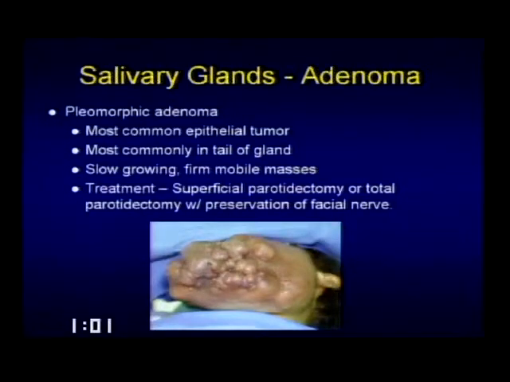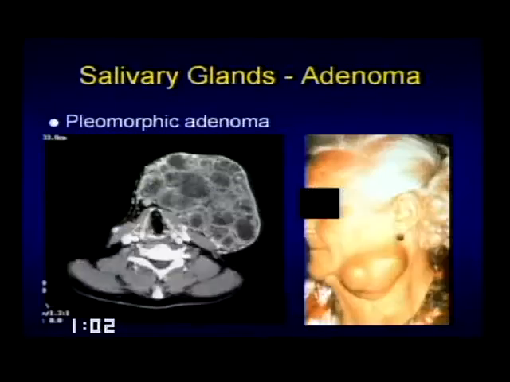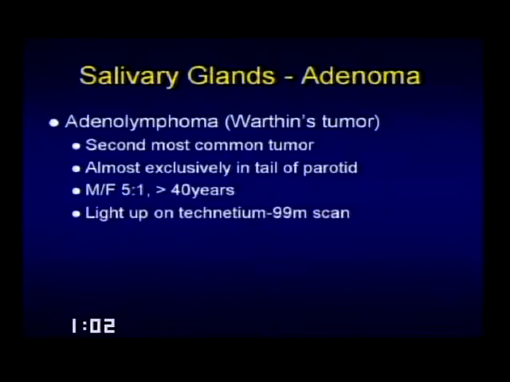A recurrence of the pleomorphic adenoma is a surgical failure and was basically due to inadequate margin of resection. This is an example on CT as well as a picture of a woman with a pleomorphic adenoma. They can get very large, very angry looking, but yet benign.